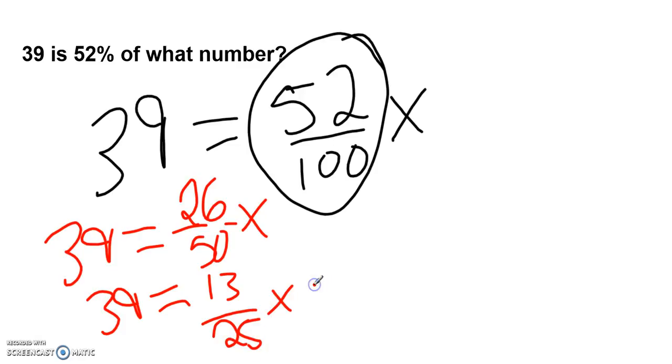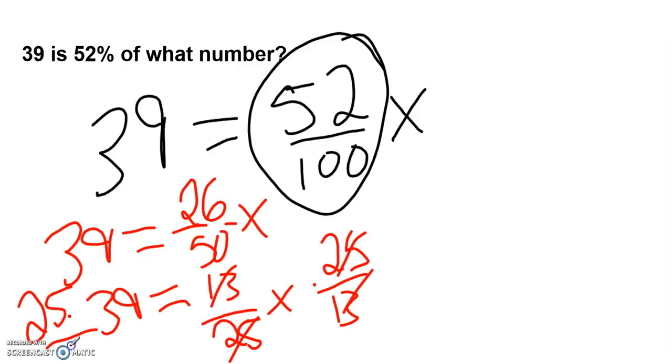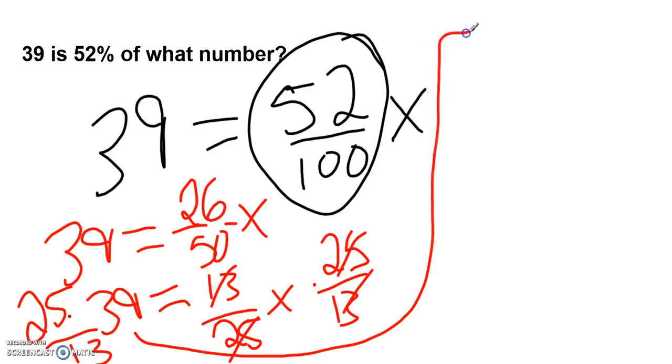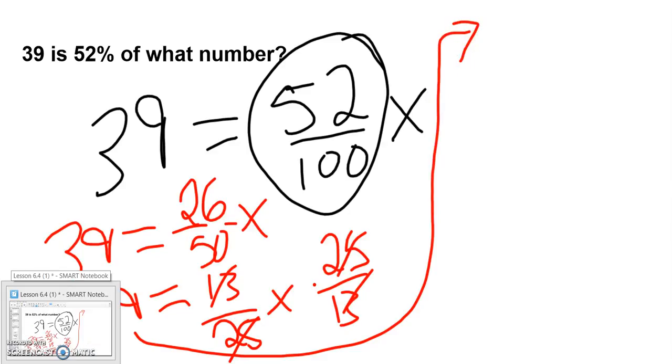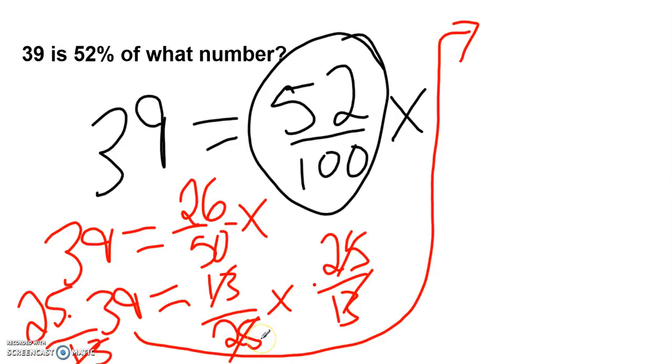So I want to get rid of the 25 over here. So I have 25 to 13, that crosses all this, multiply 25 divided by 13, simplify before I multiply. So this is going to cross out, and this is going to change into a 3, because 13 goes into 13 once, and 13 goes into 39 3 times.